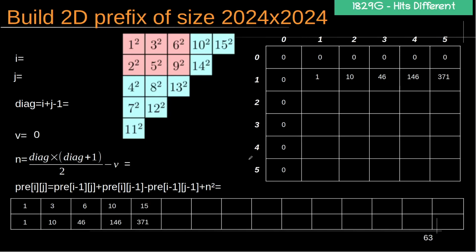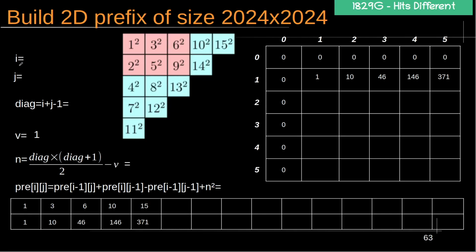Now we go to the second row. We have to add 1 to this v, because as we said in the previous slide, the numbers in the diagonals are consecutive. So for the second row, all the numbers of each diagonal are the number minus 1, like here, for example, we have 3, 2, 6, 5, 10, 9, 15, 14. So we have to subtract 1 from the first row.